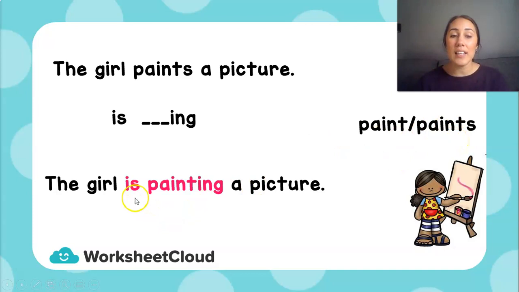But by adding is painting, that word there in front, is, becomes a helping verb. So if I ask, what is the verb in this sentence? The verb is going to be is painting. Even though it's 2 words, the is a helping verb because it's part of the action that the girl is busy doing.